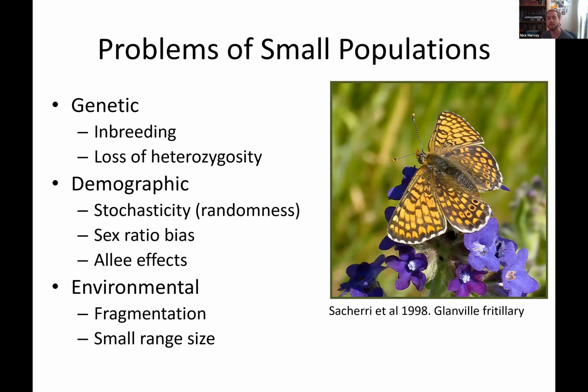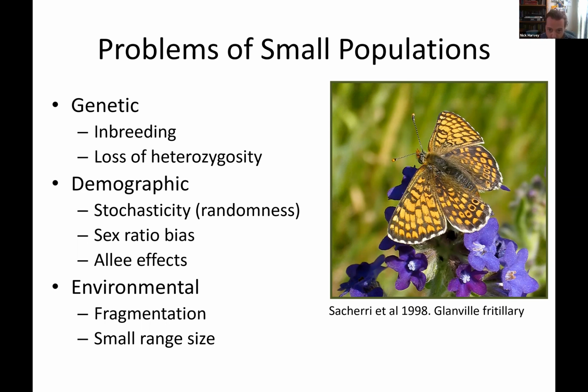There are 3 main areas of risk associated with being a small population. And these things are often called stochasticity. So as populations become smaller, they become more at risk of chance events that cause problems for those populations and can increase the risk of extinction.